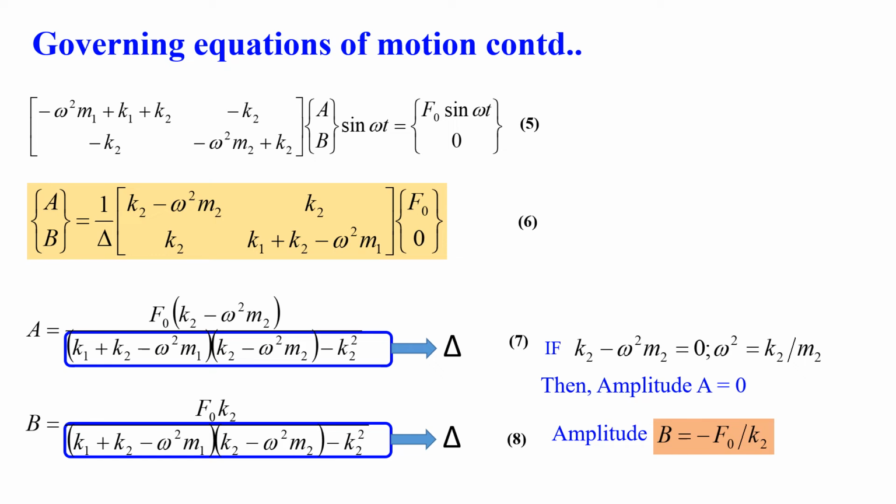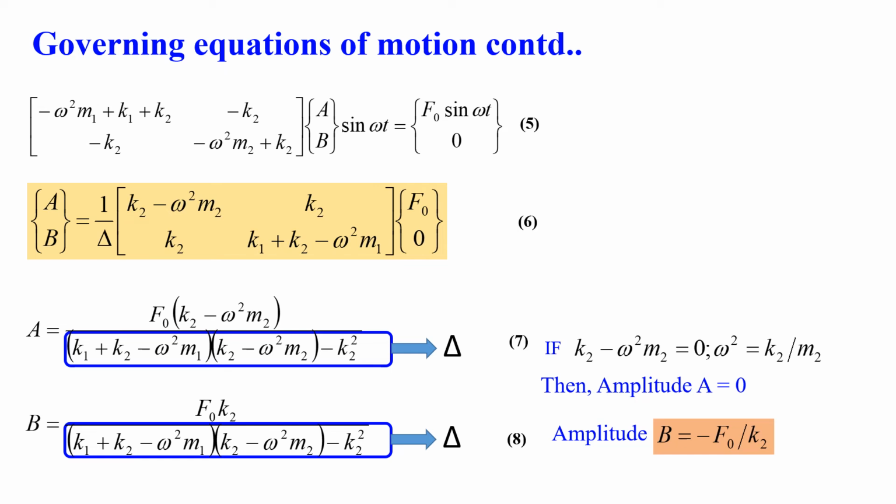The magnitude of displacement A for the primary system is equal to F naught into (K2 minus omega square M2) divided by (K1 plus K2 minus omega square M1) into (K2 minus omega square M2) minus K2 square. If K2 minus omega square M2 is equal to 0, then omega square is equal to K2 upon M2, and then the amplitude A becomes 0.